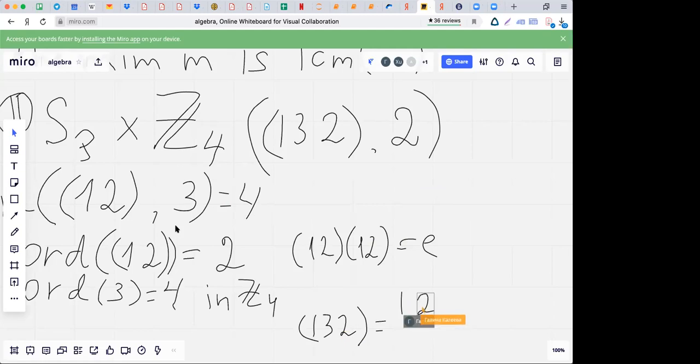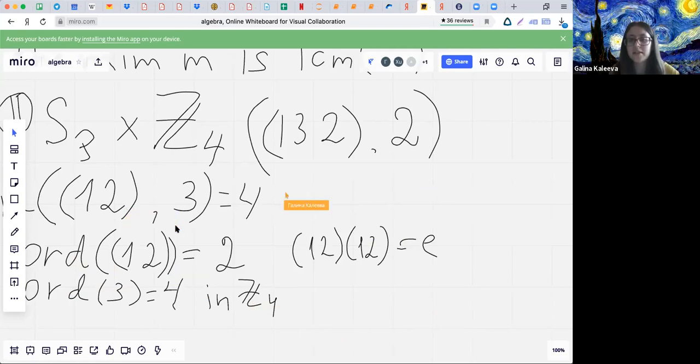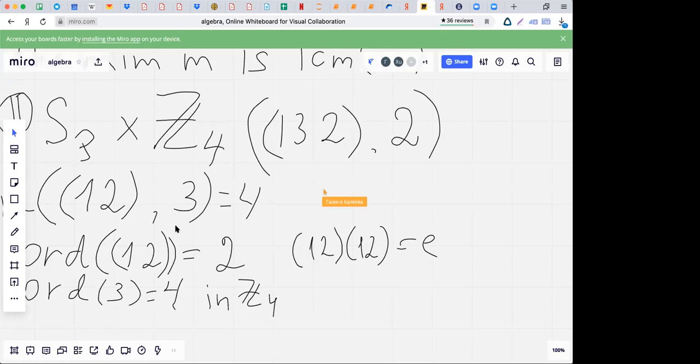I mean, why do we have to write it? We did just compute the order of (1 2) and of 3, and what is (1 3 2) and 2 there? I'd like you to consider some examples of different elements of this group. And this was an arbitrary choice. Okay, I got you.